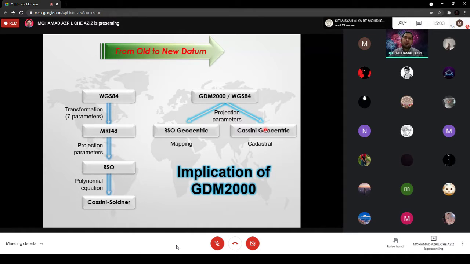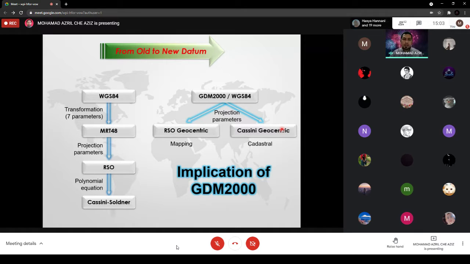For example, if you have the old Cassini and you are required to prepare the data in the Cassini geocentric, how do you want to change?